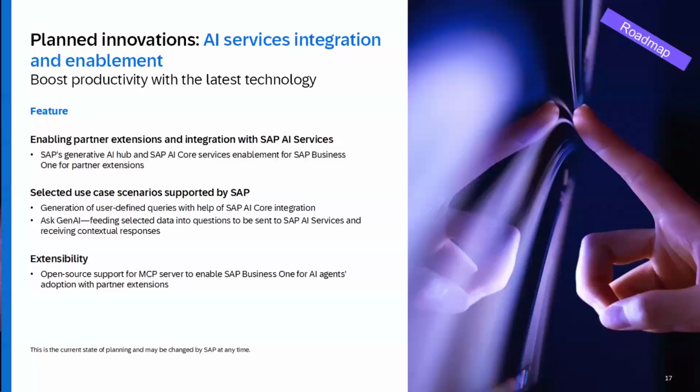But in addition to that, we have various use cases that we want to deliver. We're delivering the first two, Ask AI and AI UDQ, with 2608. There will be more. There will be many more. And of course, AI will eventually be a very significant part of the web client. And we also are planning to release an open source MCP server that you can use.